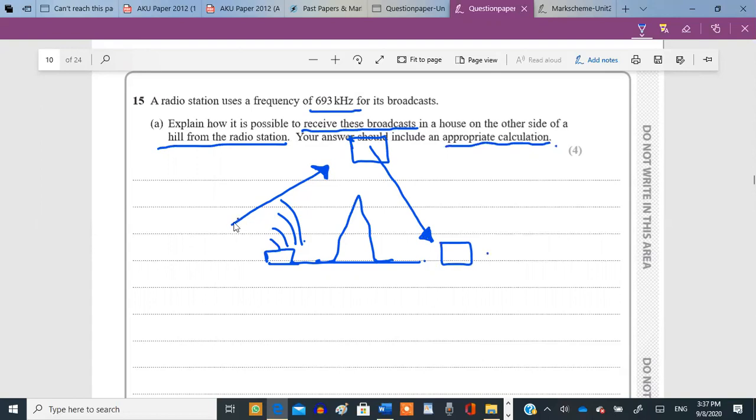Okay, and these signals, when they were sent from the base station on Earth, experienced great attenuation on their way to the satellite.